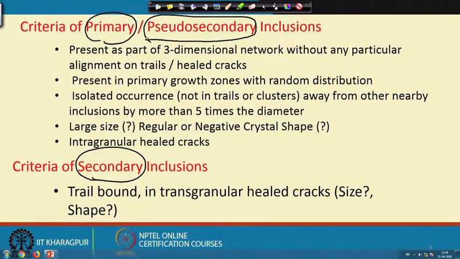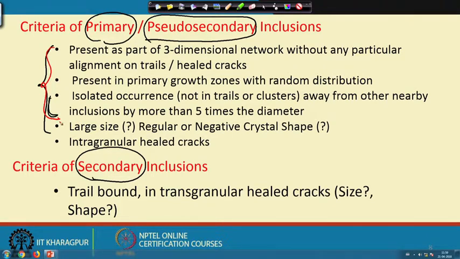They should be isolated in their occurrence, not as trails, and away from the nearby inclusions by at least 5 times the diameter of the inclusion under observation. These 3 points are actually much more definitive and important.